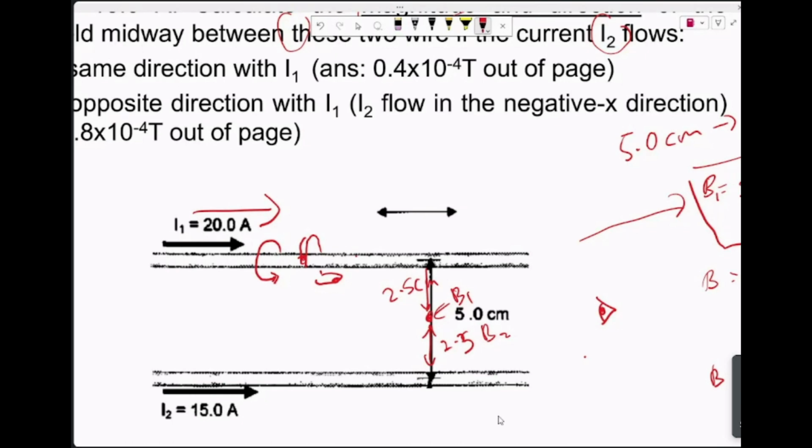This means that the magnetic field at this flat surface is going into the page. Into the page means it is leaving you, like the analogy of an arrow leaving you. You're going to see the cross sign. So that will be the sign. The magnetic field at this point will be a cross, and this is for I1. So this is the direction of B1.